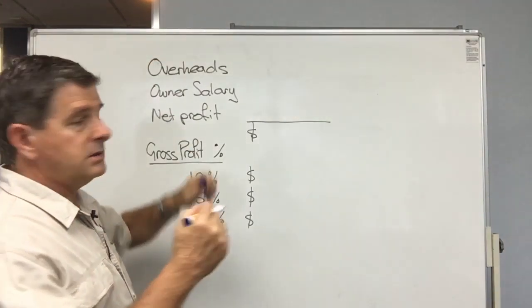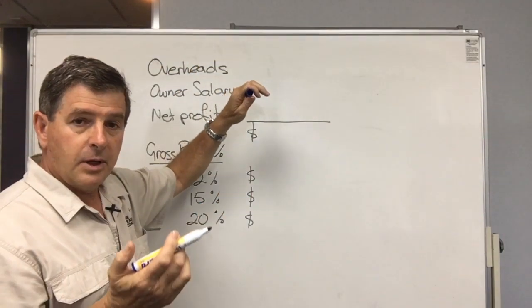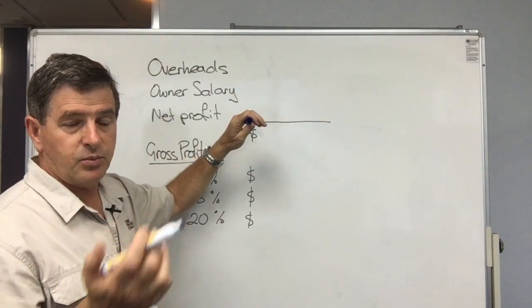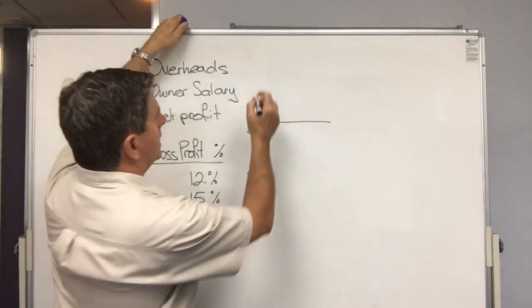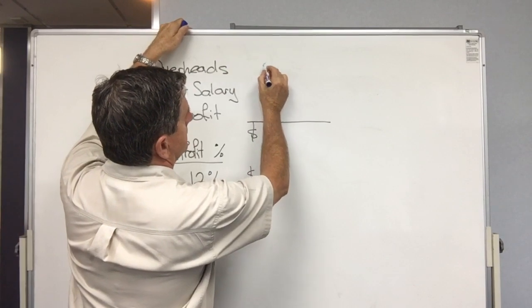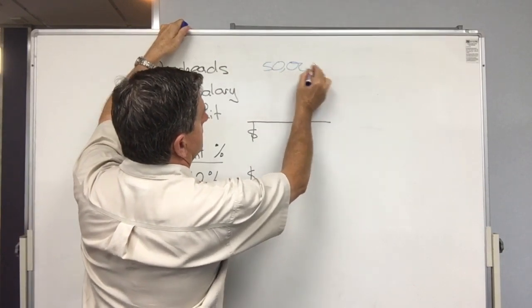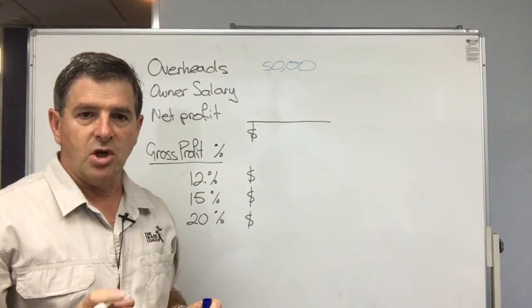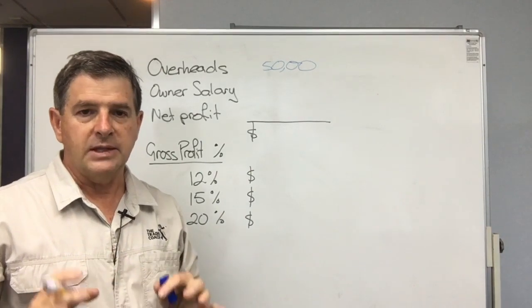we've decided, based on past results and what the profit and loss from the accountant says, we have $50,000 of overheads in the business.